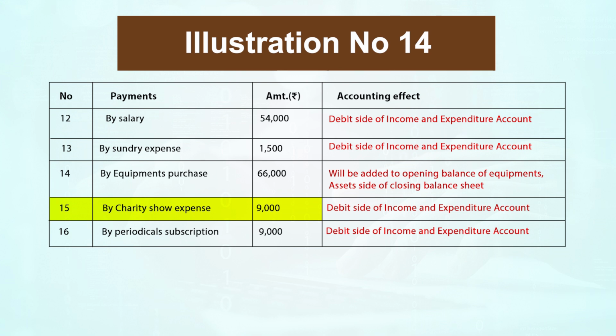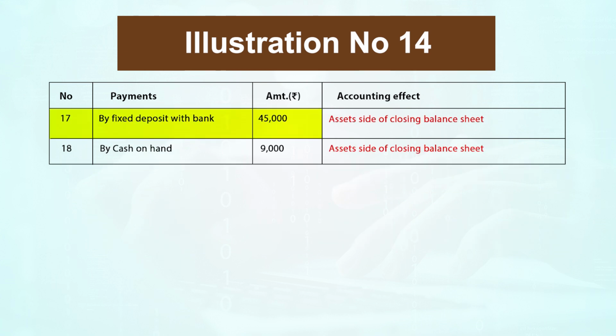Charity show expenses, as it is our expense, so it will include it on the debit side of income expenditure account. Periodical subscription, rupees 9,000, debit side of income expenditure account. Fixed deposit, that is FDs, so it is our asset, so asset side of closing balance sheet. Cash on hand, same, asset side of closing balance sheet.